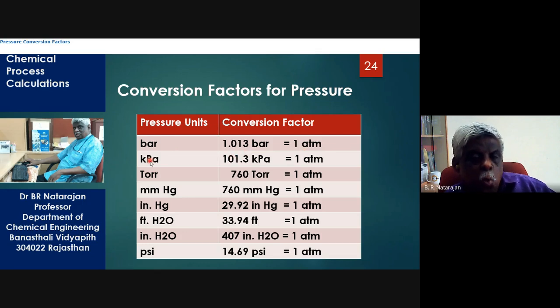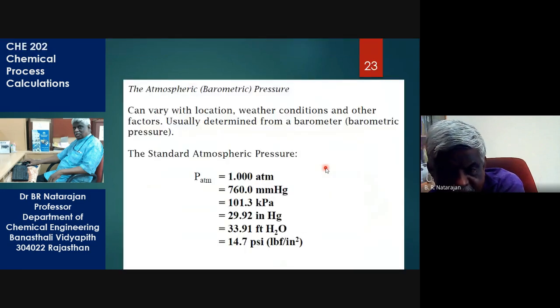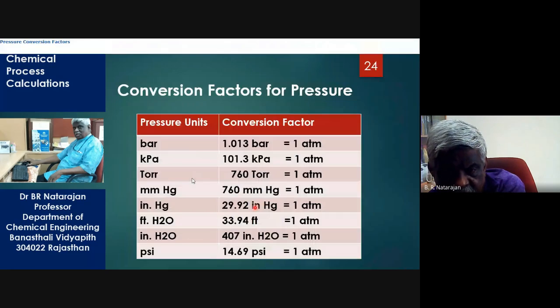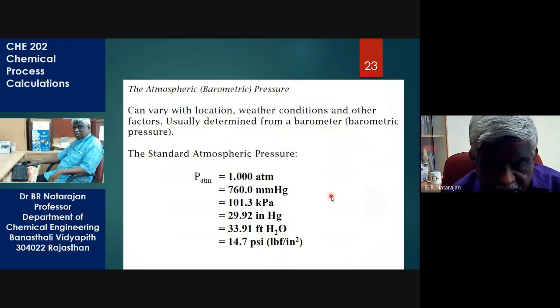Kilopascals: 101.3 kilopascal is equal to 1 atmosphere. Torr is also used. 760 torr is equal to 1 atmosphere. And 760 millimeter mercury is 1 atmosphere. Remember, we had seen some of them earlier. We are just reviewing.